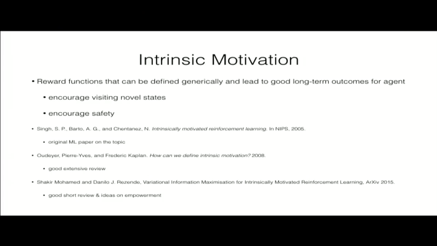Basically, intrinsic motivation or intrinsic rewards are just reward functions that are assumed to be not the thing you're actually trying to optimize with the agent, but something that benefits the learning process. For example, to ensure that the agent explores and learns the system, or to ensure that it remains safe and doesn't, for example, die.